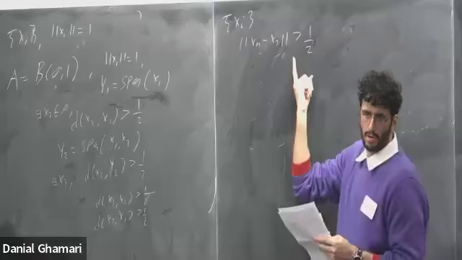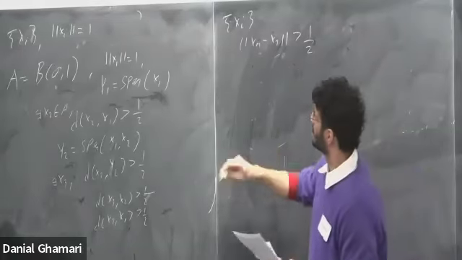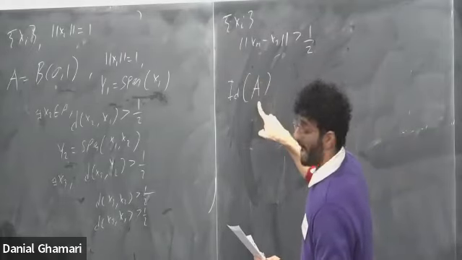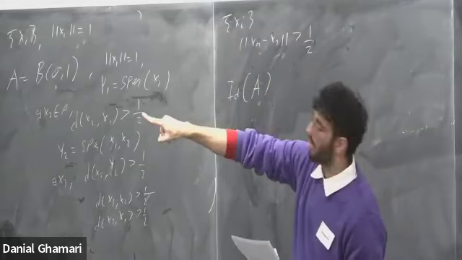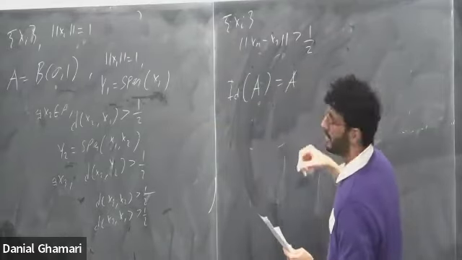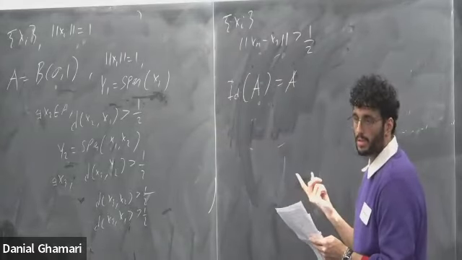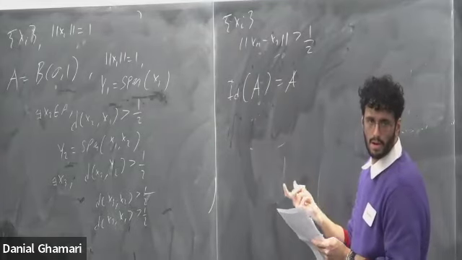No, because it's never Cauchy, so it can never be convergent. So what I've shown here essentially is that the identity on a bounded set A, where everything has norm 1, can never be relatively compact. It can never find a convergent subsequence. So I've shown that the identity map is not compact.